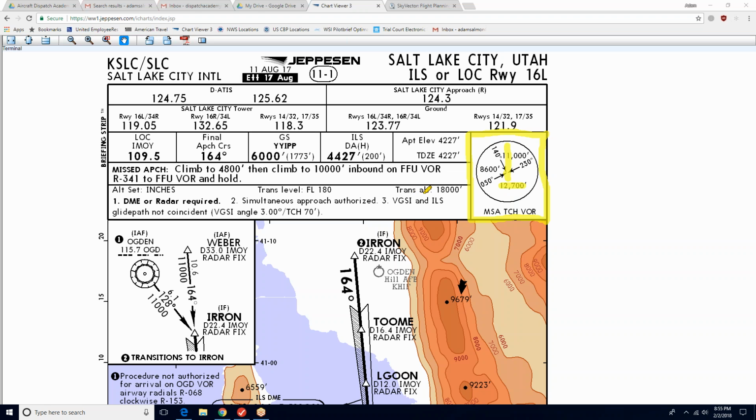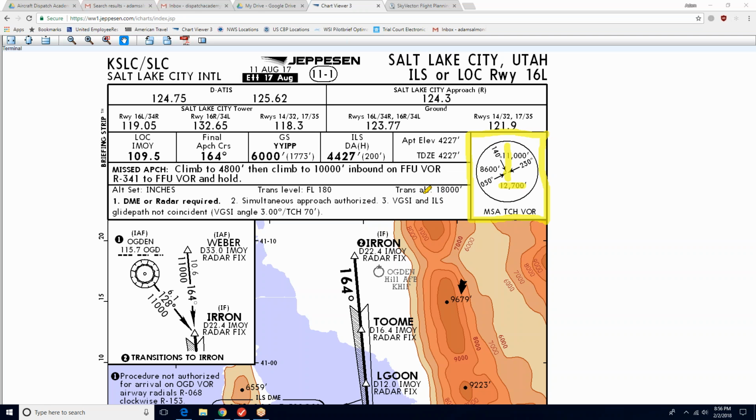Now, like I said, ATC normally gives you the instructions and the spacing that you need to begin with. However, if you were to lose communication with ATC, let's say your radios go out, and let's say you have an electrical failure in the plane or some other thing go wrong, or your VOR receivers go out, where not only can you not communicate, but you also can't see where you're at.